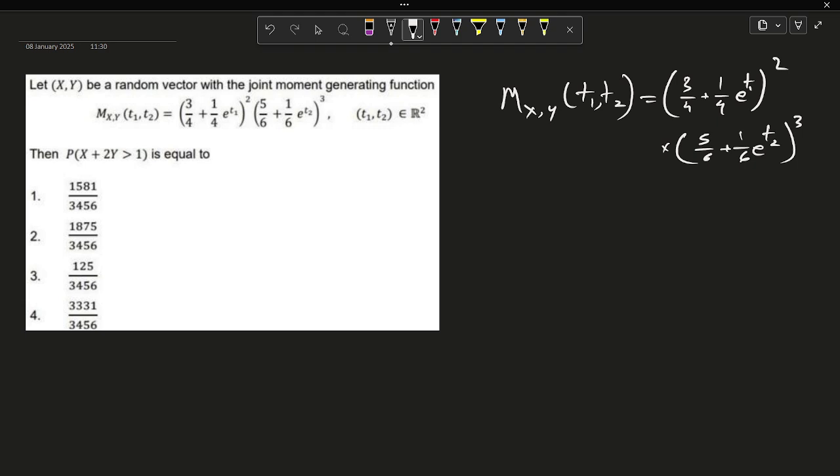The given joint MGF is M_XY(t1, t2) = (3/4 + 1/4 e^t1)^2 (5/6 + 1/6 e^t2)^3, where t1 and t2 belong to R^2.